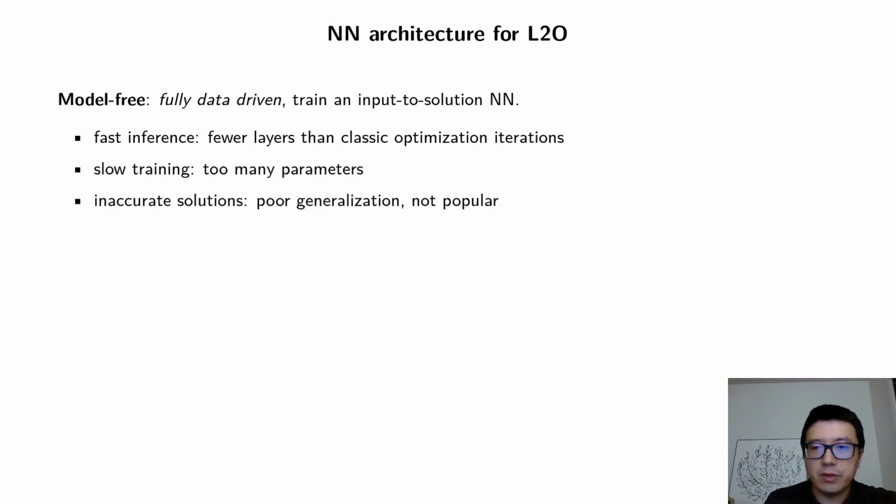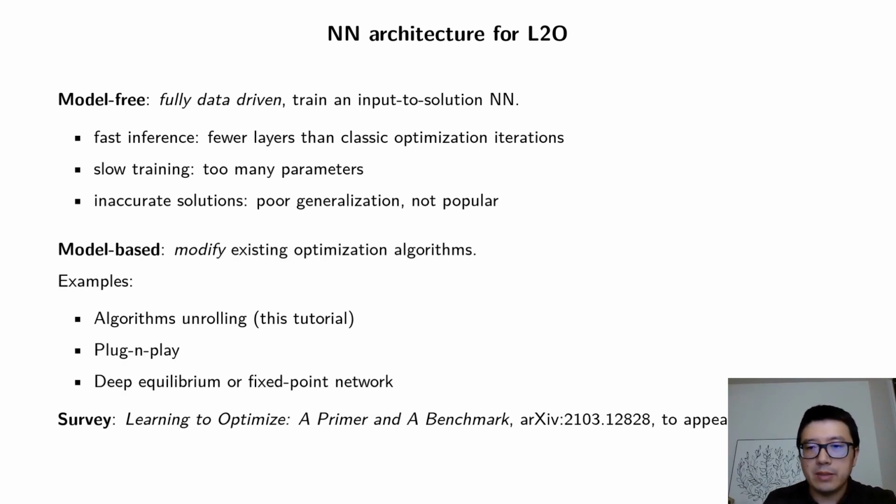The benefit of this approach is that at inference, it's very fast because there are usually fewer layers than classic optimization algorithms. However, because there might be too many parameters to train, the training can be slow, can be tricky, and there's usually no guarantee of the solution quality. You may get poor generalization, and overall, this method is not very popular or not very general.